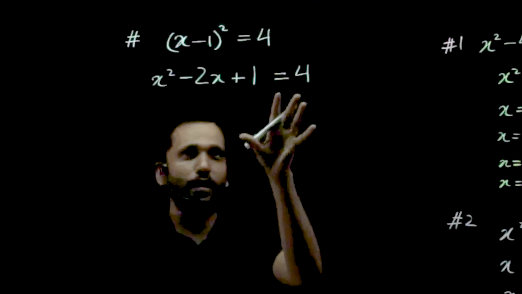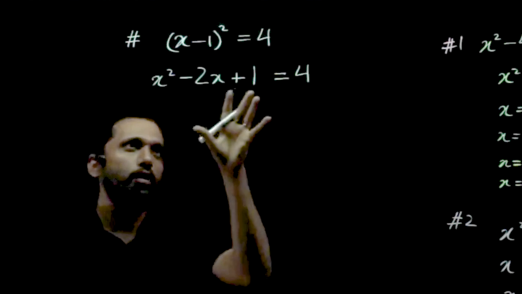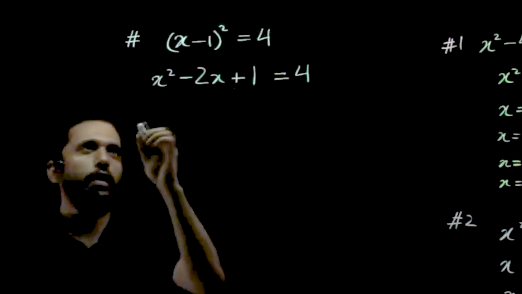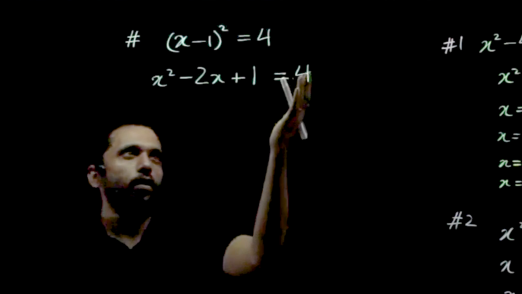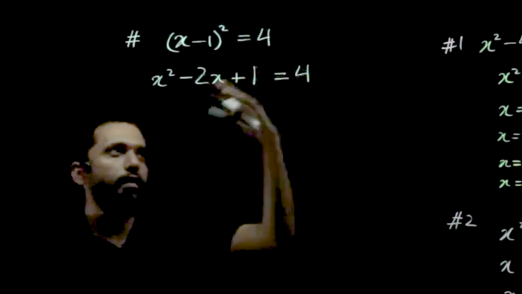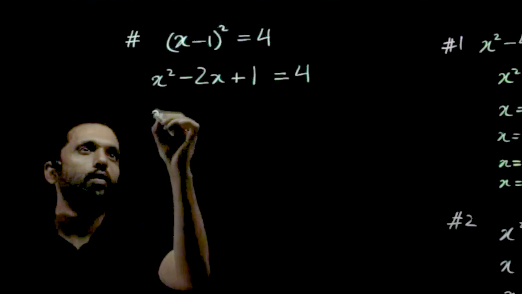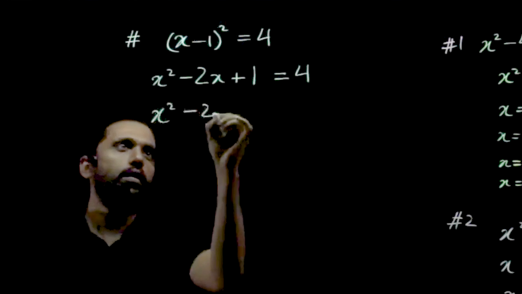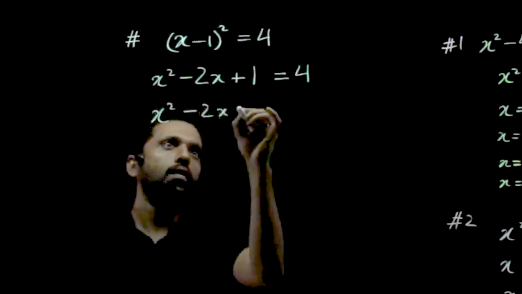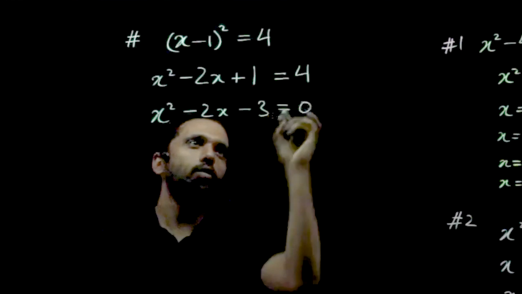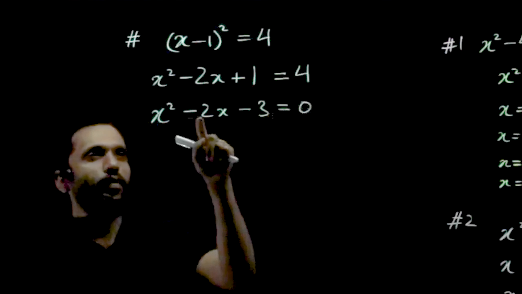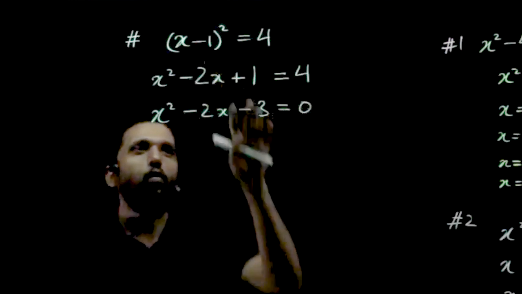Let me make it look like a regular format of a quadratic equation, which is all the numbers and expressions on one side and the other side is 0. So we have x square minus 2x minus 3 equal to 0. Now had they given this question and not that, what would you have done?